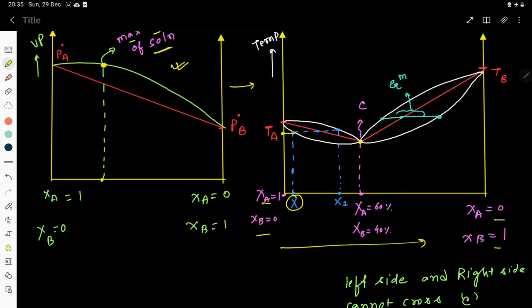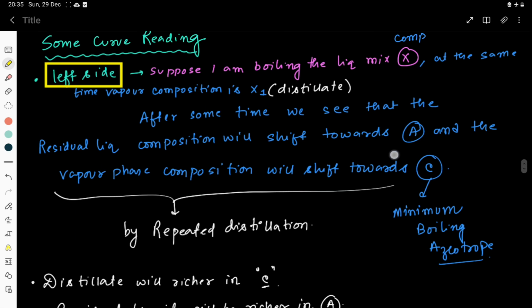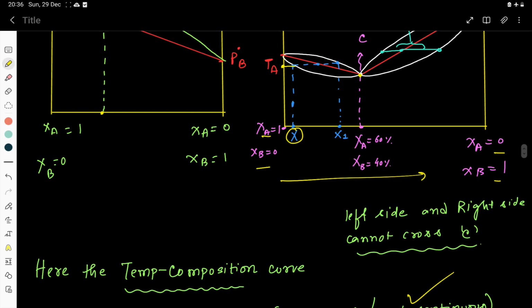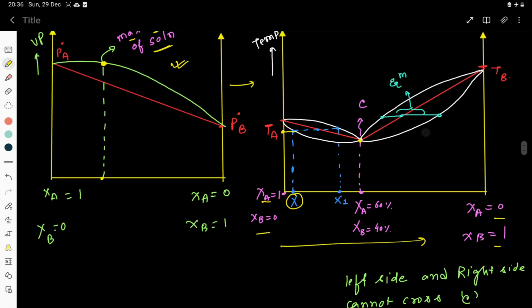When the liquid mixture has a boiling point of, suppose, T1, the liquid phase will have a composition richer in A, and the corresponding vapor phase will have X1 composition, which is richer in C, that we can see here.